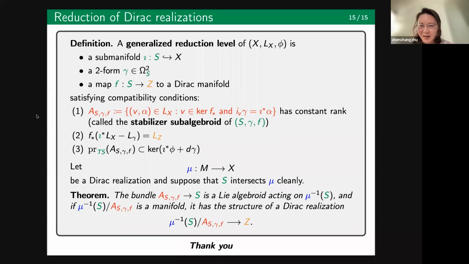Usually for a TQFT, I guess it's 2D, you go from the cobordism category and you end up with some category of vector spaces, right?